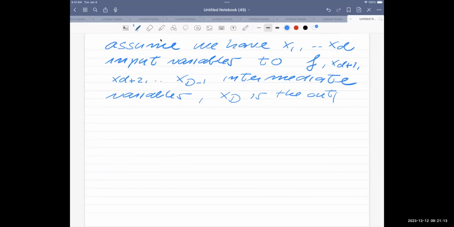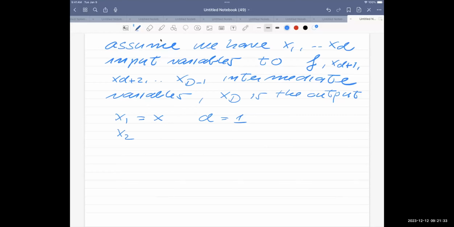And if we go back to the simple example which we put up, we could think of x1 as the variable x. So in our case, d is equal to 1. So these are the input variables. We have only one in our case.